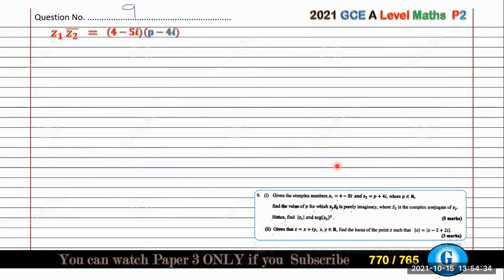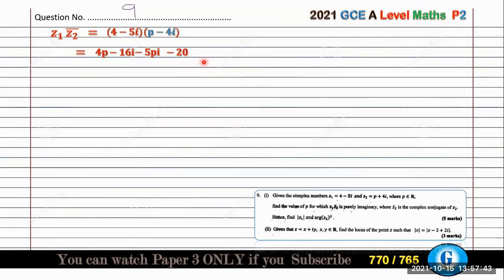Okay, so when we expand this, we will have 4p minus 16i minus 5pi minus 20. Let me look at this one again. So we have 4p minus 16i minus 5pi minus 20.